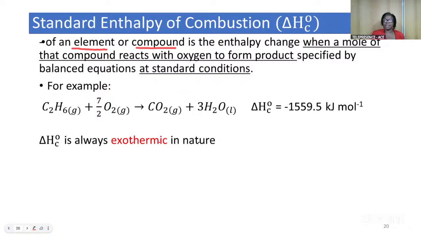So here we can see what is undergoing combustion here is C2H6, and the enthalpy of combustion is minus 1559.5 kilojoule per mole. And usually the standard enthalpy of combustion is always negative. That is, exothermic in nature.